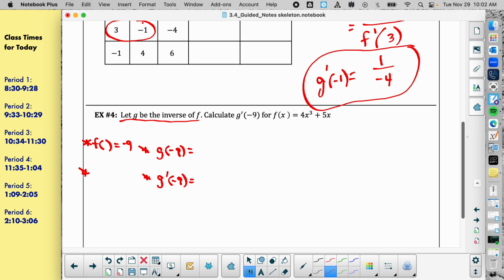I will tell you, you're not going to get any crazy hard questions in this one. These are all going to be set up so they work out for you. And if they don't, it's a calculator question, which you wouldn't have to figure out by hand anyway. So off on the side, I need to figure out which x value would give me -9.